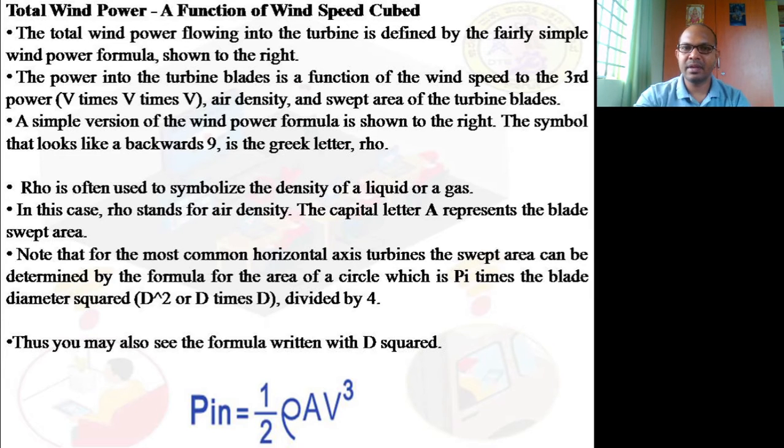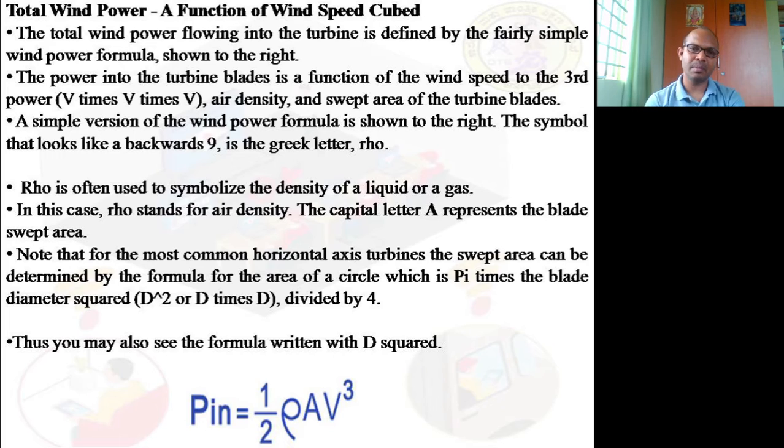So the swept area of the turbine blades is part of a simple conversion of the wind power formula shown below. Rho is often used to symbolize the density of a liquid or a gas. In this case, rho stands for the air density, and the capital letter A represents the blade swept area.